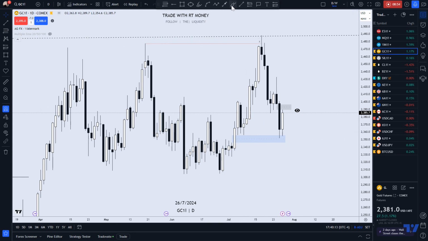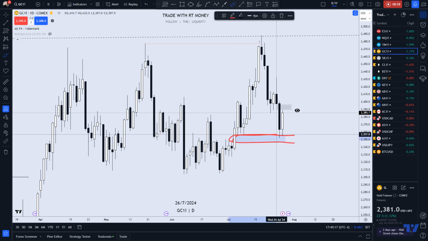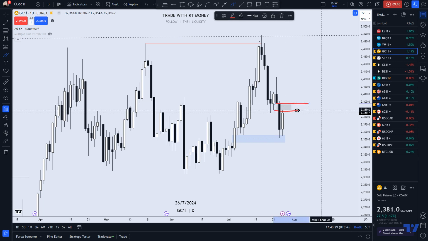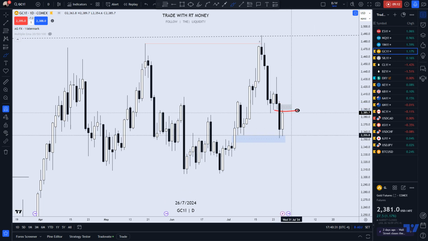So what am I looking for? You see how it's responding to this fair value gap here. We got a bullish candle on Friday into another bearish fair value gap here. That means price is trapped between two arrays, both bullish and bearish.